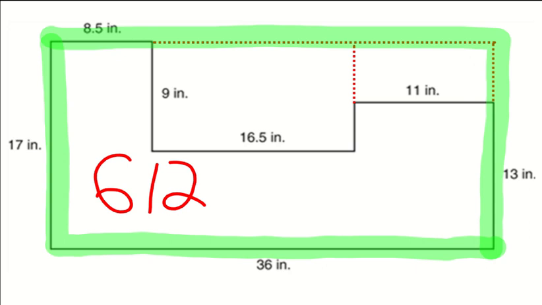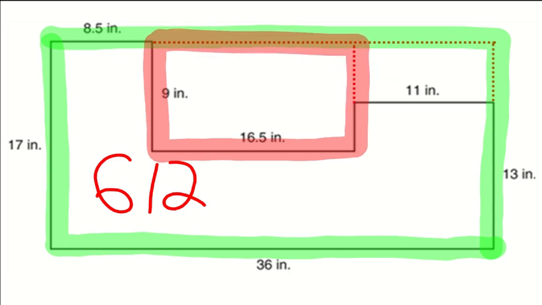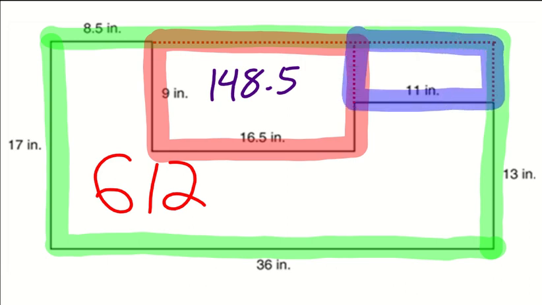So now we're going to subtract the missing pieces, okay? For the missing pieces, I've got one right here. That's 9 times 16.5. 148.5. So we got 148.5, and then we got one last one here, where this one gets a little trickier, is we need to get the height.